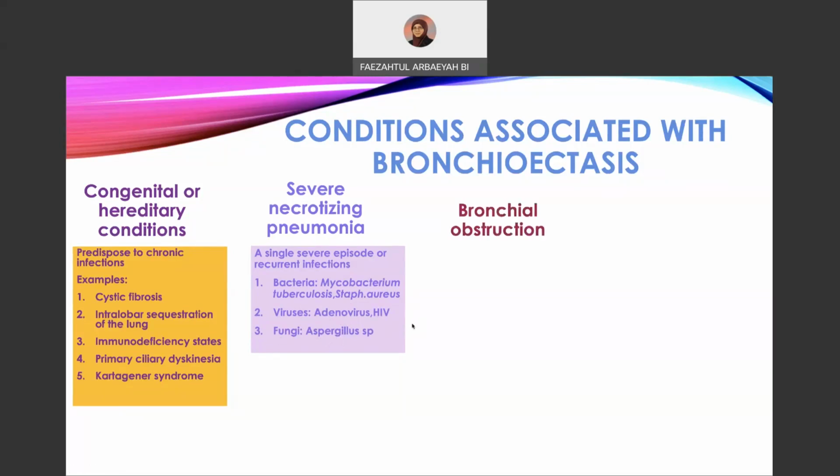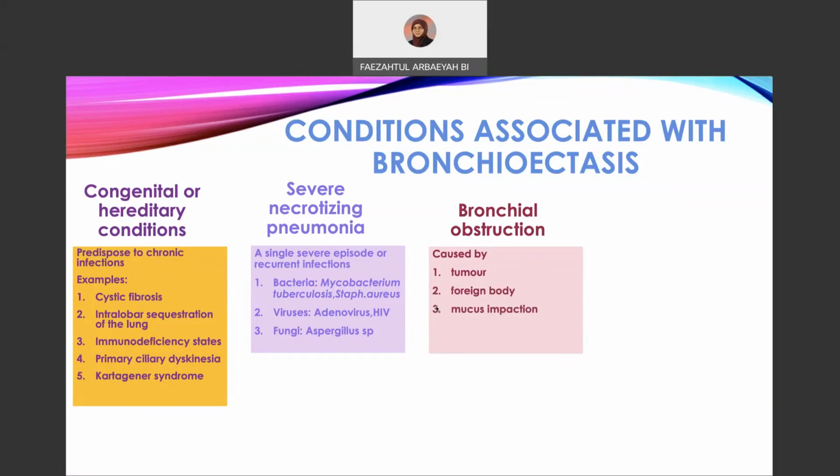The third condition can be due to bronchial obstruction, which can be caused by a tumor. The dilation will occur distal to the tumor obstruction, or the patient accidentally inhales a foreign body that enters the airways.